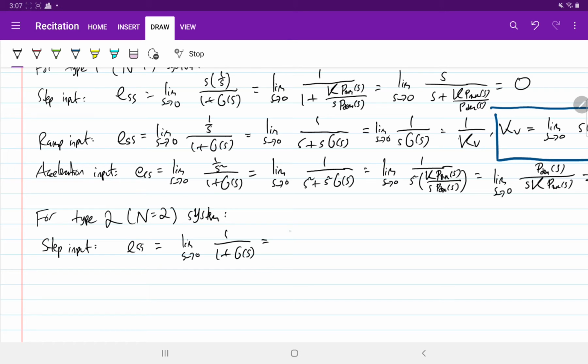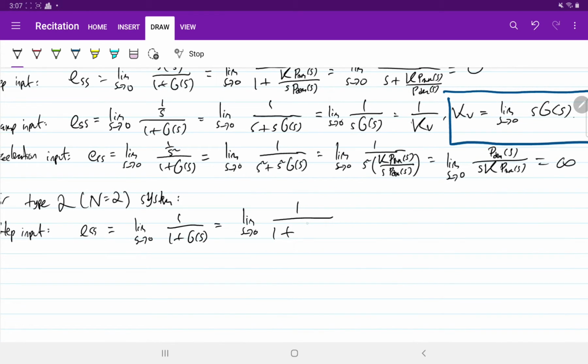But remember that g of s is of type 2, so we have kp numerator over s squared p denominator.